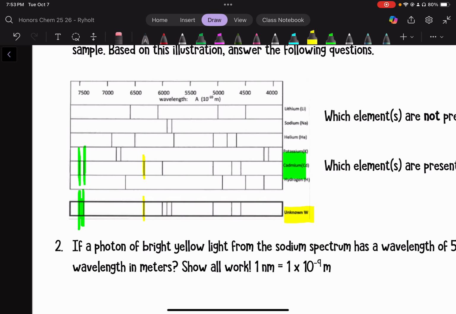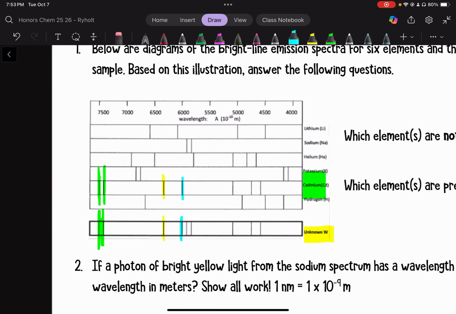Let's look at another one. We have this one, and it is present right here. Again, very consistent. Now, this one up here, there's one right here that looks like maybe it could be, but it does not line up perfectly, and it has to line up perfectly to be in our unknown sample. Let's look at another one here, in pink.